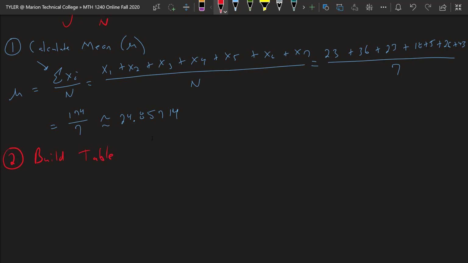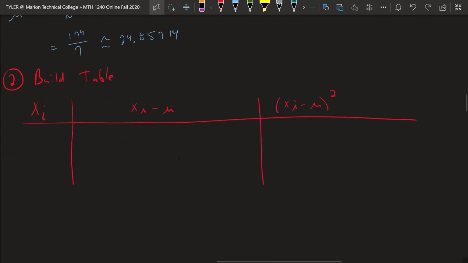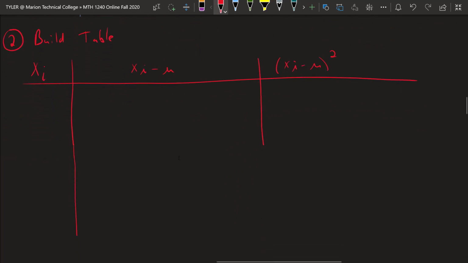What you want in the table is x sub i as a column, and then x sub i minus mu, and then x sub i minus mu, quantity squared. Those are going to be your three columns.